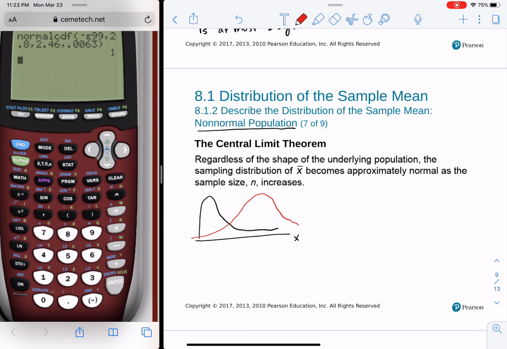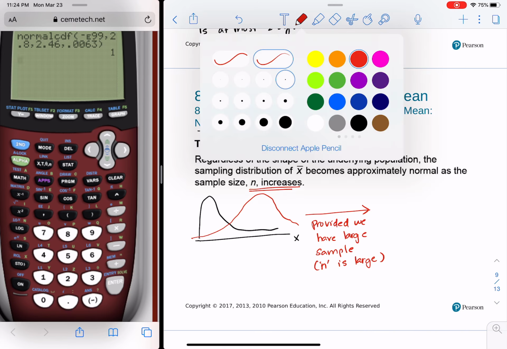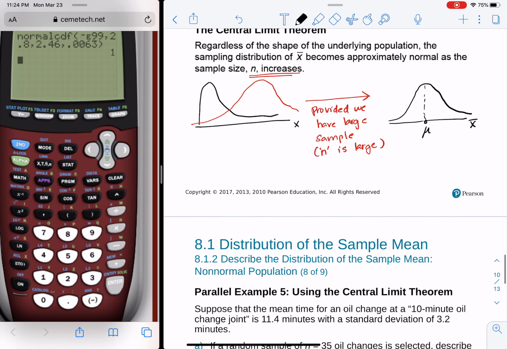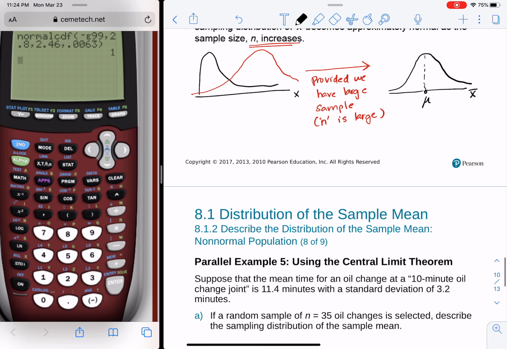What it says is that if we have a large sample, in the sense n is large, which is why we say n increases, then the average will have a bell-shaped distribution, and its mean would be simply the mean of the original distribution, and the standard deviation will simply be standard deviation divided by square root of n, and that is the standard error like we saw earlier.